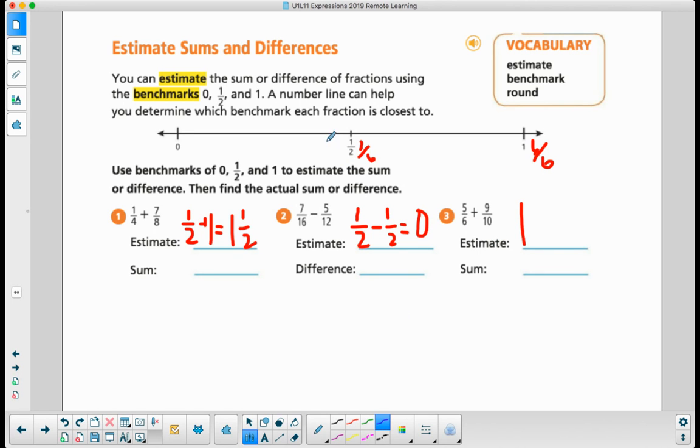Half in tenths is 5 tenths. A whole in tenths is 10 tenths. I have 9 tenths, which is just 1/10 away from 10 tenths. So it's close to a whole. This sum should be close to 2.